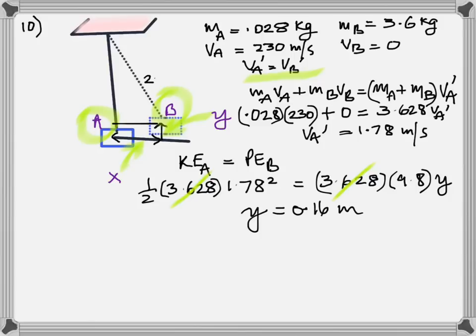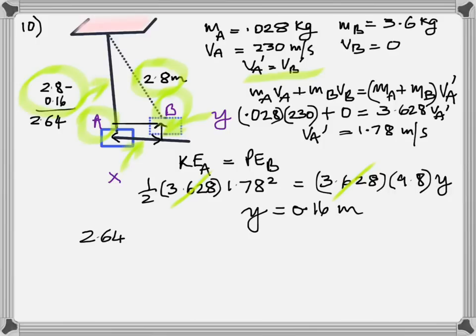Y is 0.16 meter. Now going back to the figure, this is 2.8 meter, and this is 2.8 minus 0.16, which is 2.64.